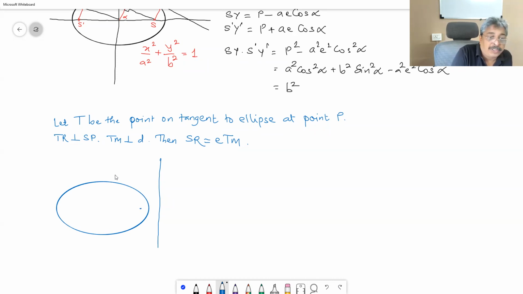Then you draw the tangent at P, something like this. This is your P. P and S you join, PS. Let T be any point on the tangent to the ellipse. So I take point P somewhere here, not the midpoint.